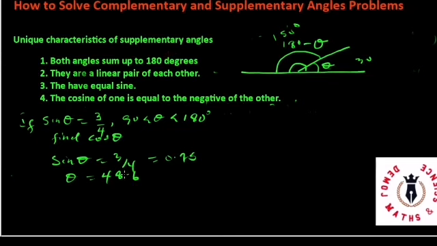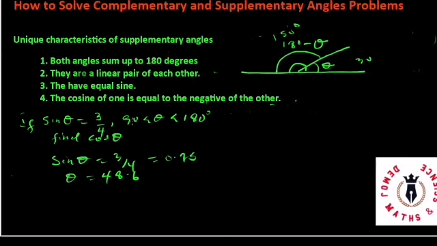Now, if theta is equal to 48.6 in the first quadrant, then the supplementary part of it, the other part of it, to make it a supplementary angle, we'll be talking of 180 minus 48.6.